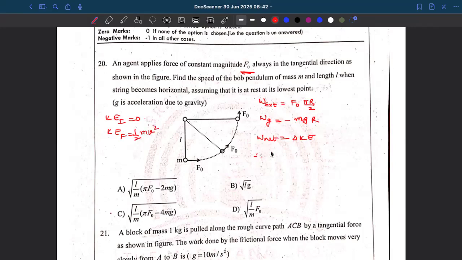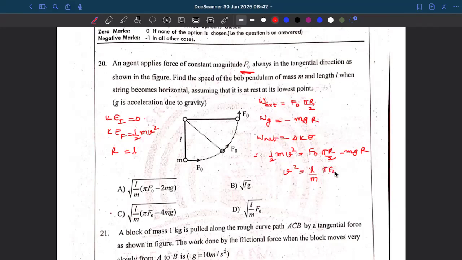So therefore, half mv square is equal to F0 pi r by 2 minus mgr. So therefore, V square is, you can take R, here R is nothing but L. So therefore, L by m, if you take common, what is left?